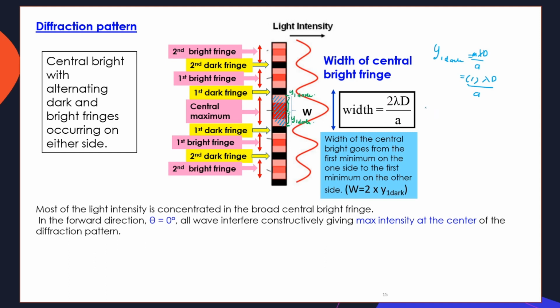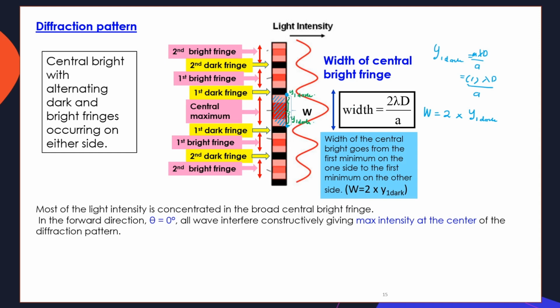as W is equal to 2 times y1 dark. Okay, so we have the first dark fringe for the upper side and the first dark fringe for the lower side. Okay, so this is the position of the first dark, so this is y1 dark, and this is the position of the first dark for the lower side.